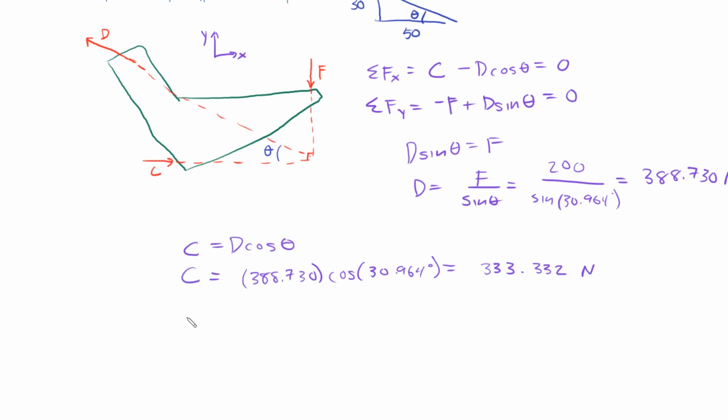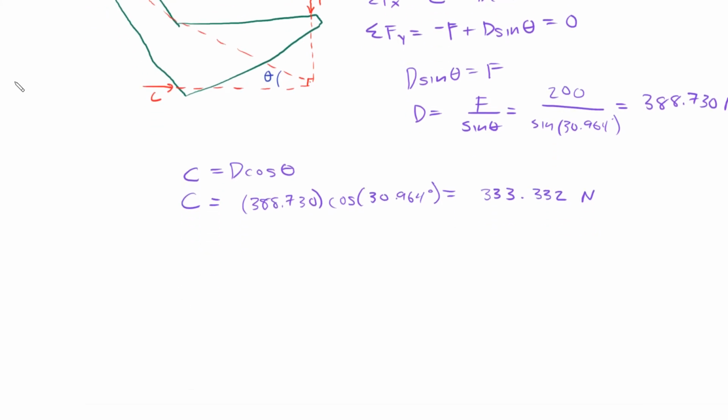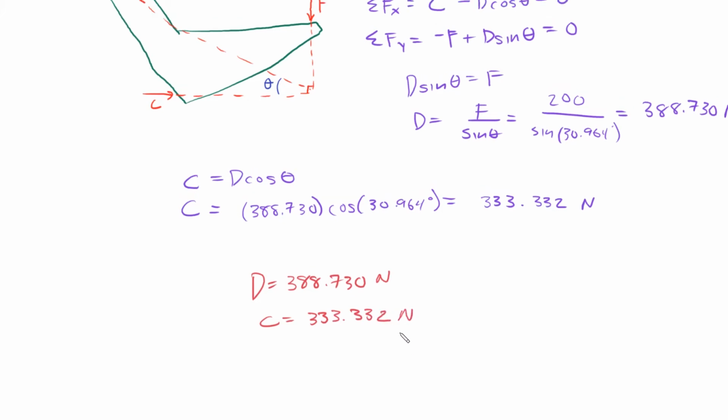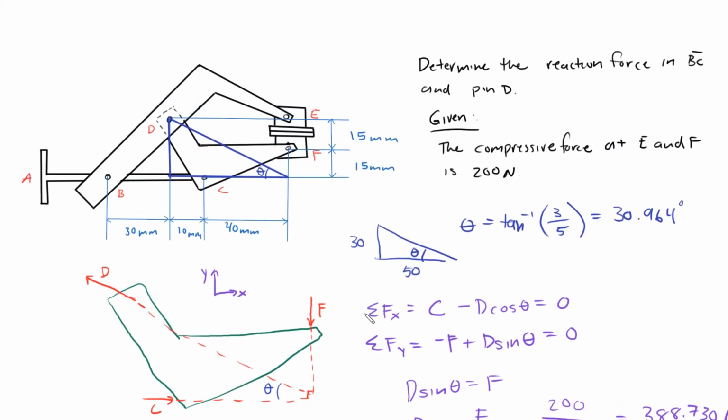More clearly, these are the answers: D is equal to 388.730 newtons, and C is 333.332 newtons.